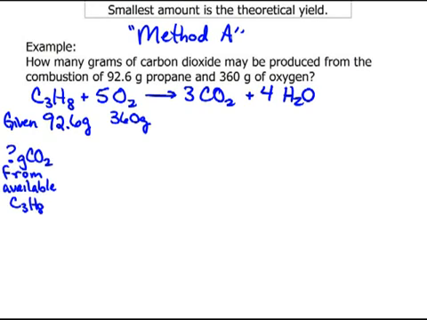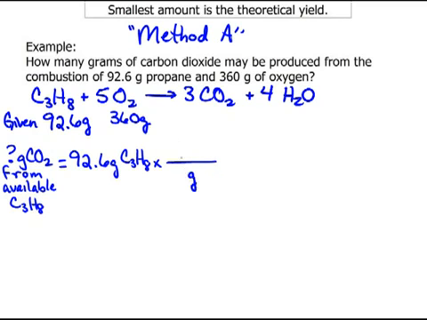So I need to find out how much CO2 is formed from the available amount of each reactant. First I'll do C3H8. The available is the 92.6 grams of propane that I'm given. I need to convert that into moles, grams to moles, using the molecular weight.